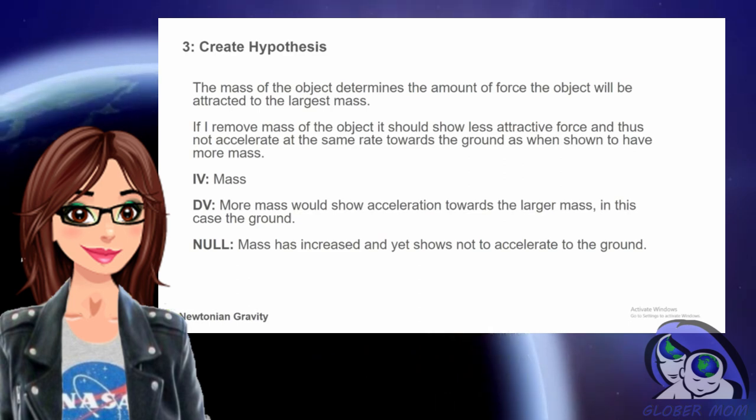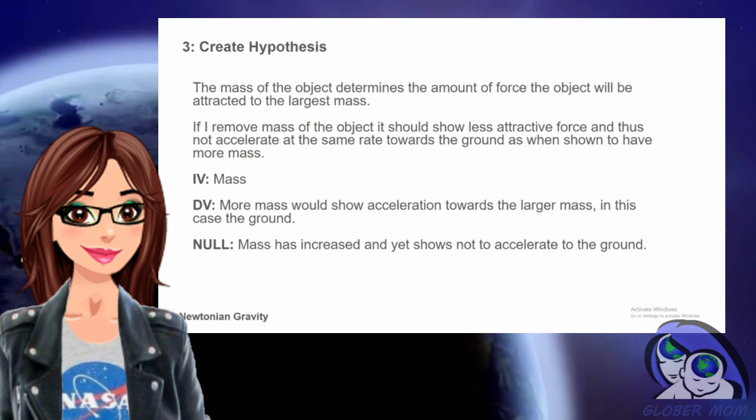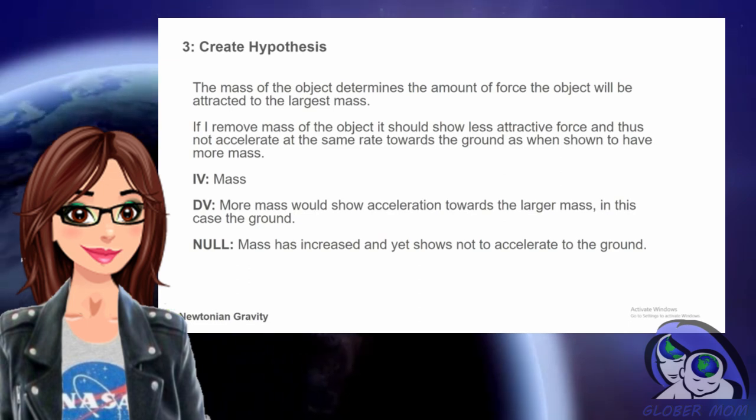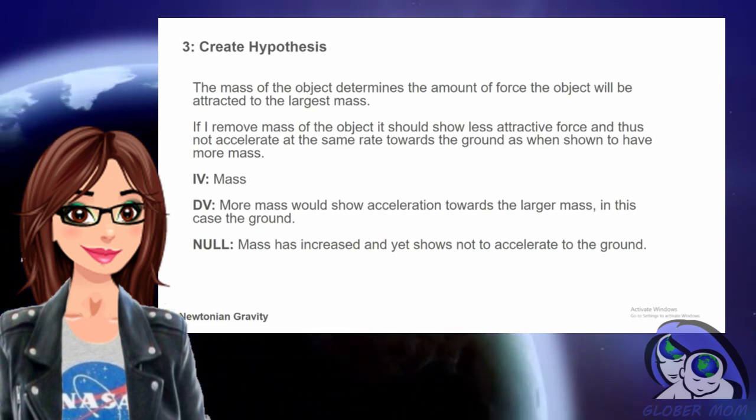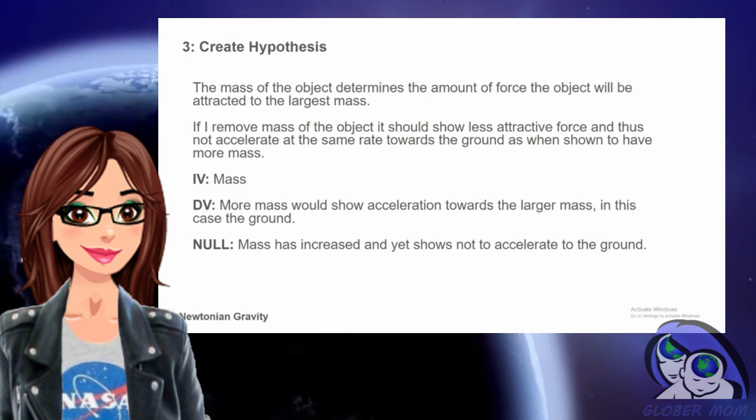IV, this is the independent variable. IV would be mass. Mass is the cause for the attractive acceleration. DV is the observed natural phenomena, so it's the dependent variable. It depends on the independent variable. Without manipulating the independent variable, you are not able to get the observed phenomena, which is the dependent variable, the effect.